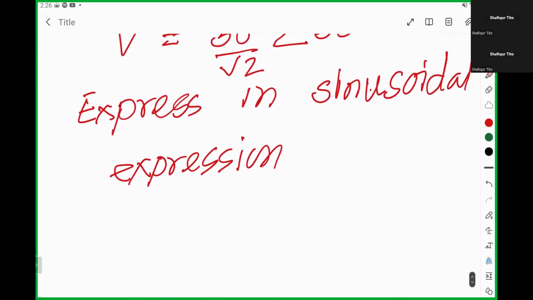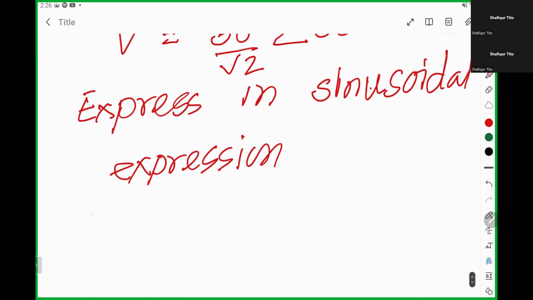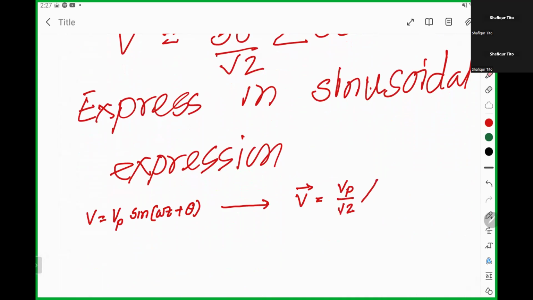Okay, let us just write down. If I have been given V equal to Vp sine of omega t plus theta, then the polar form would be equal to V vector, Vp divided by root 2, and angle theta.